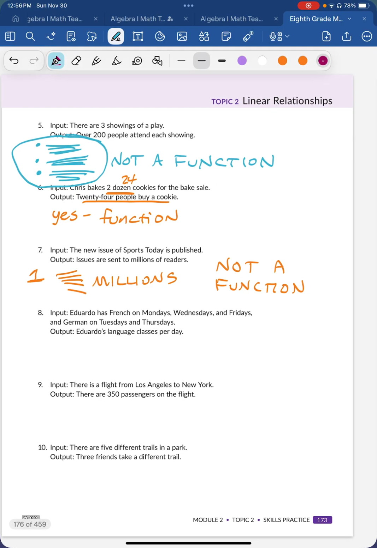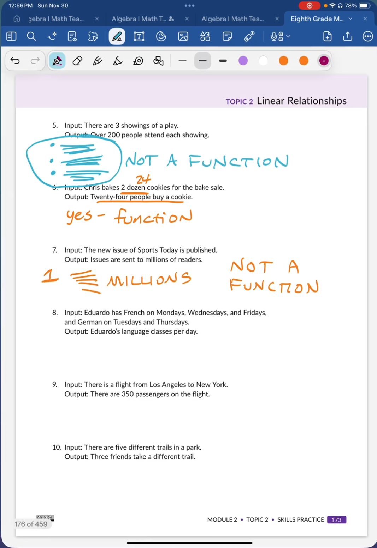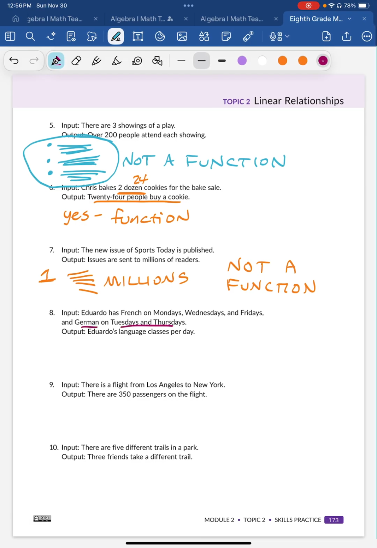Okay. Eduardo has French on Mondays, Wednesdays, and Fridays, and German on Tuesdays and Thursdays. Output Eduardo's language classes per day. So, does he take more than one language per day?